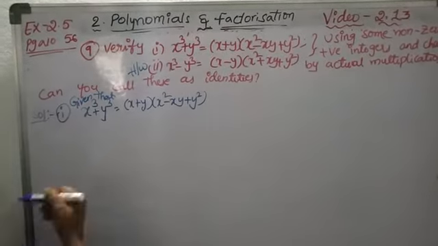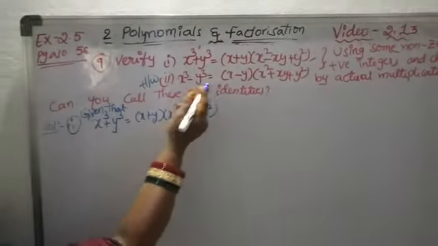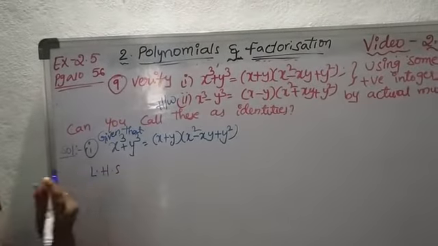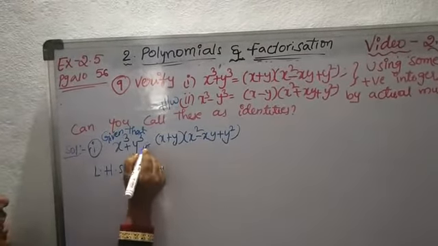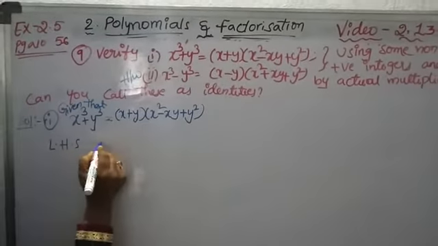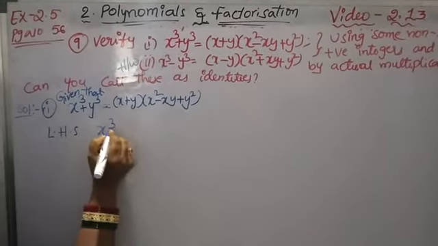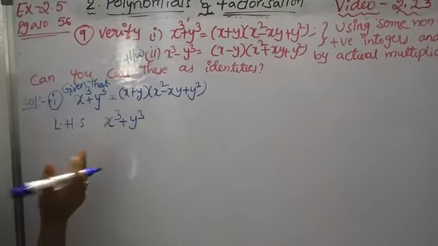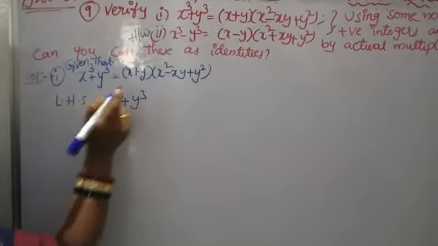So for that I am taking the first one, x cube plus y cube is equal to this one. Here the LHS, left hand side of the equals sign, is x cube plus y cube. Here it is not possible to multiply anything. Now go to the RHS.